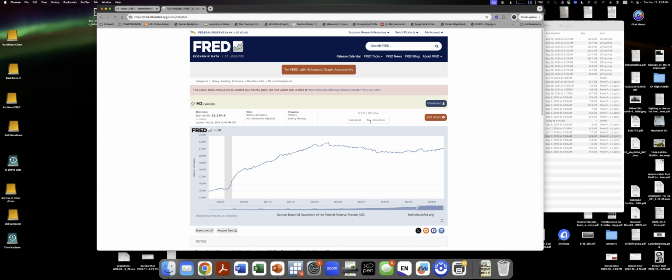But when I look at this, what I see as the cause of inflation is the fact that we increased the money supply by almost 50%, from about 15 trillion to about 22 trillion. I don't know why people are so surprised that we had inflation when you increase how much money is out there by 50%, meaning that if there's more money out there, the money that's out there is less valuable.